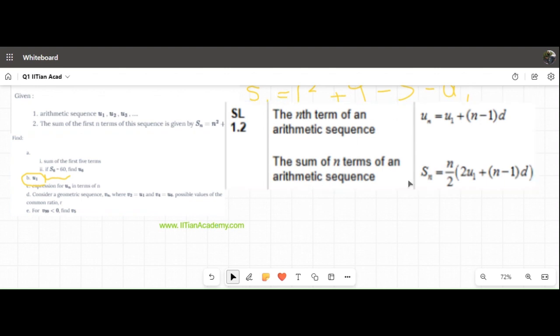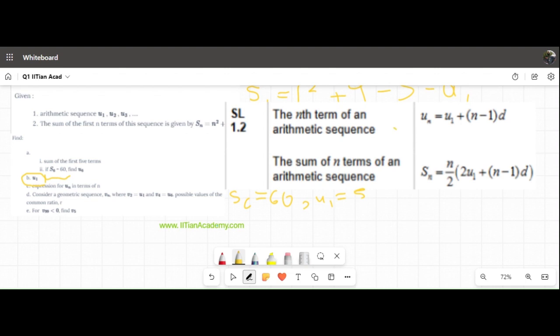To do this, we will use the general equation for some nth term of an arithmetic sequence, and the sum equation. From the previous questions, we already know that the sum of the first 6 terms is equal to 60, and that the first term in our sequence, U1, is equal to 5.